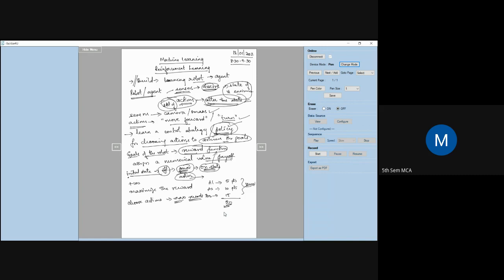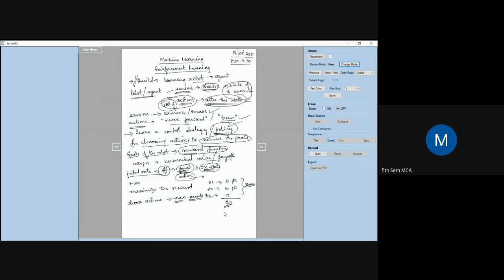Right? So the control policy the robo has to learn is, from any initial state, choose the action that will maximize the reward accumulated over time. So over time, I should see what is the maximum points that I can gain.